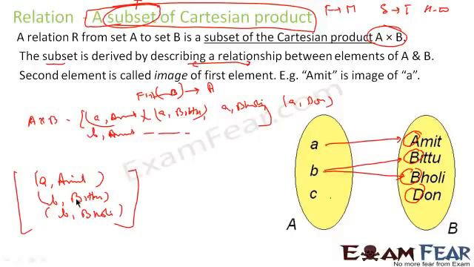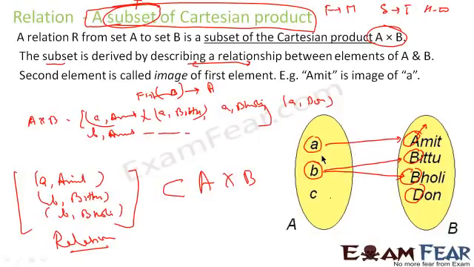And this subset is a subset of the bigger set, that is, a subset of A cross B. And this is nothing but a relation bounded by a relationship, that the first letter in B is equal to A. Relation is nothing but a subset of Cartesian product.